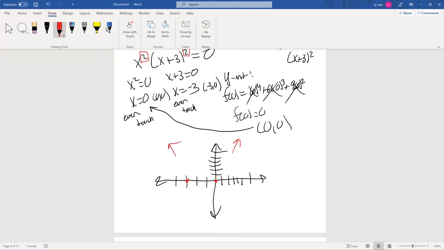So I'll start from left to right. So it's coming down since it's rising to the left. Since my -3 is a multiplicity of 2, it's just going to touch and kind of bounce off it. But then it has to come back down to get to this 0 here, which once again does the same thing. It bounces off my x equals 0, and then it will go up and look like that. So that is your graph for number 7.